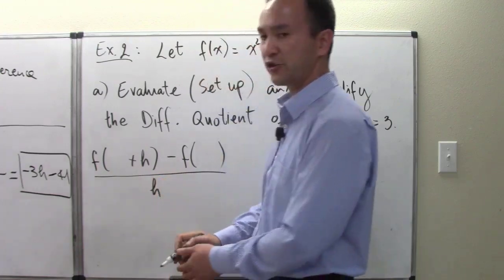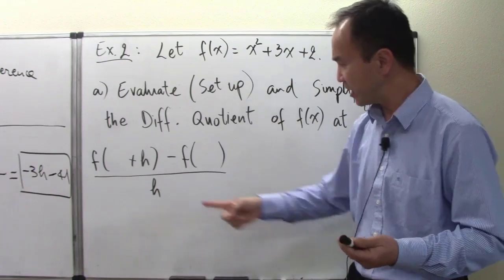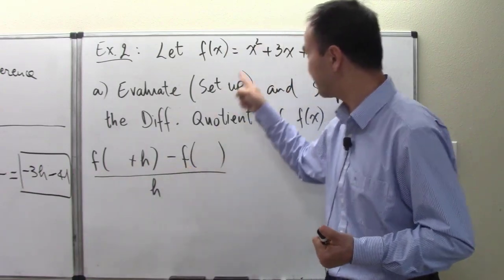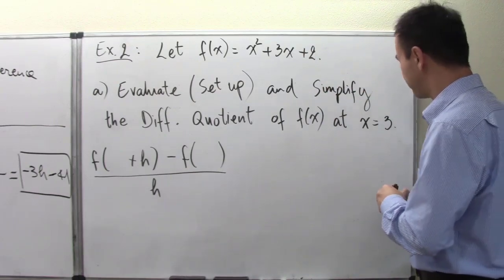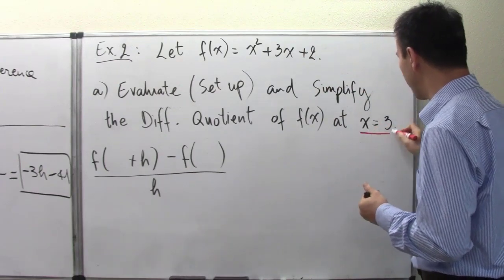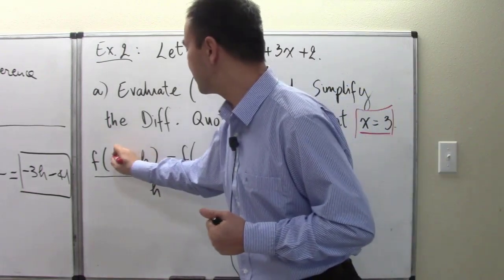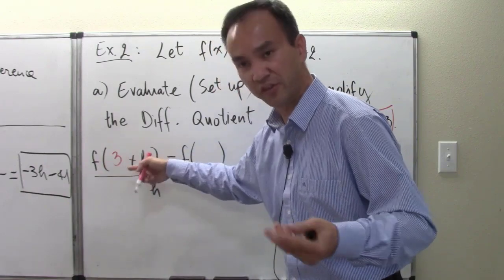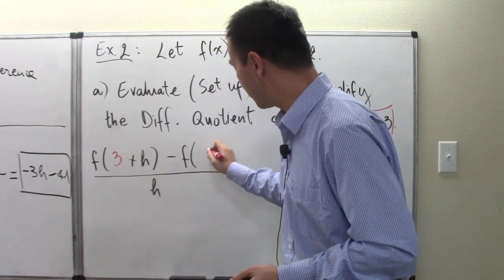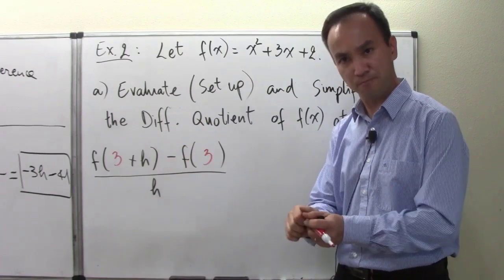This is the essential big part of a difference quotient, in regard to your current function f of x, but now with this specific given point, x equals 3. So now we're looking at 3 plus h. So f of 3 plus h minus f of 3 is the difference quotient setup.